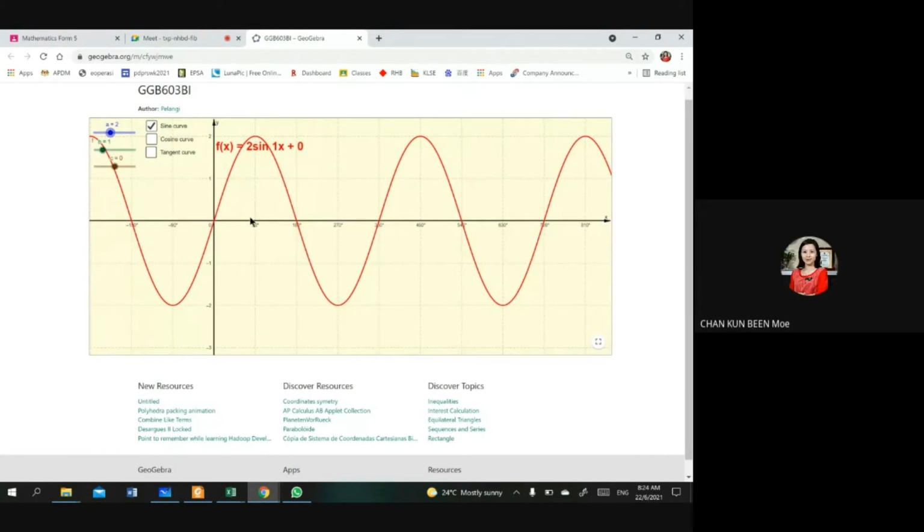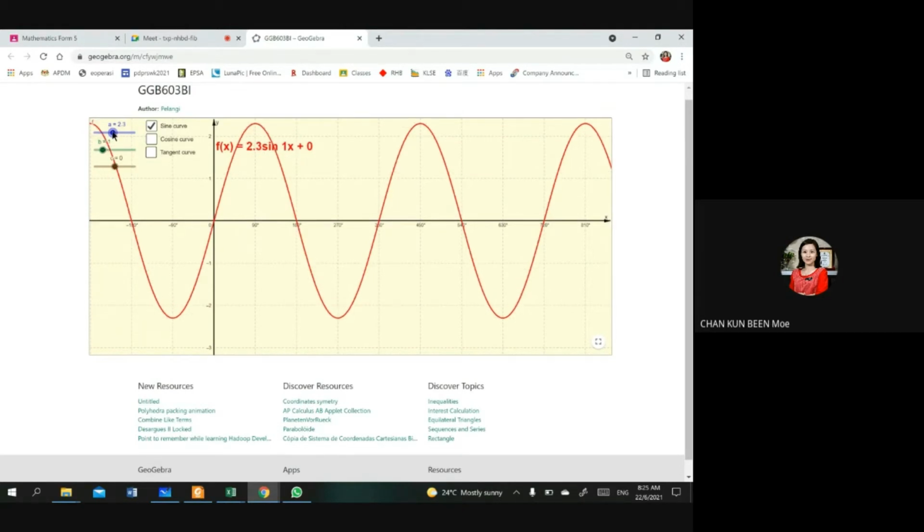Originally, when it is sine x only, it means the 1, so it will fall on 1, the highest peak. But when I increase the A to 2, it becomes 2 sine x, and it will increase to 2. Same with the bottom part, it will be negative 2. That is the difference, meaning the changes of A will change the amplitude.